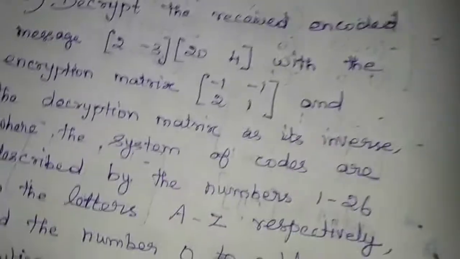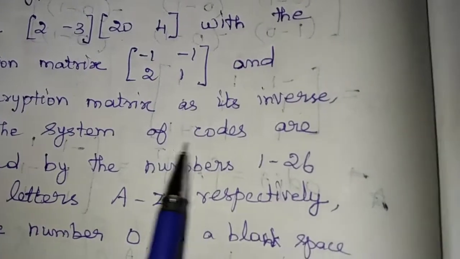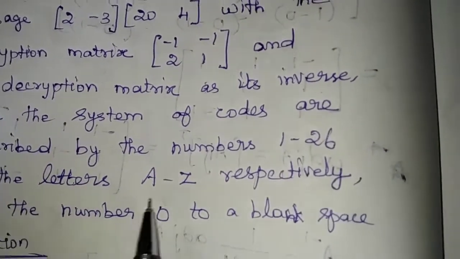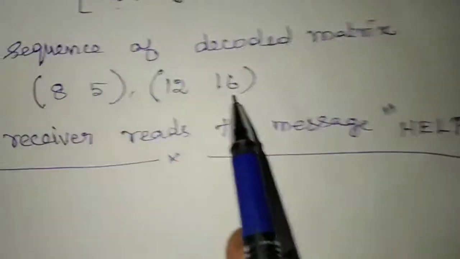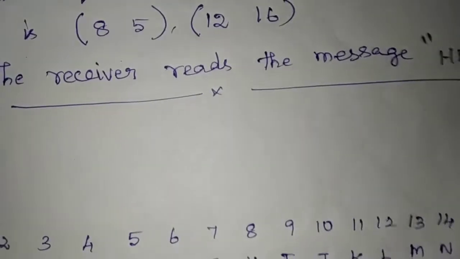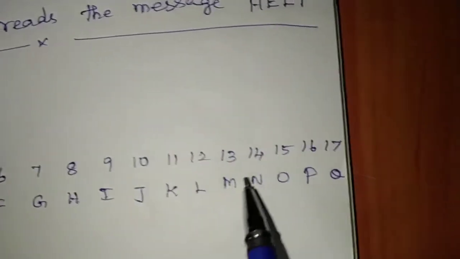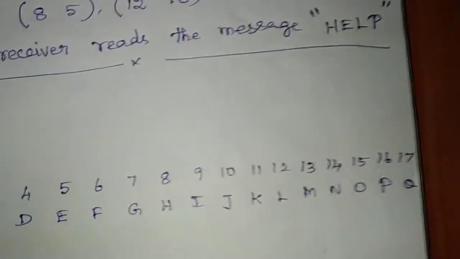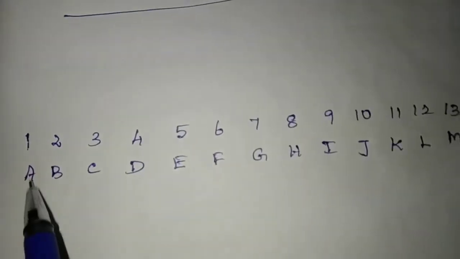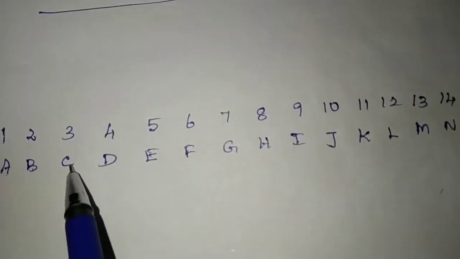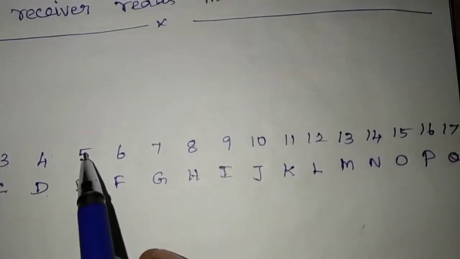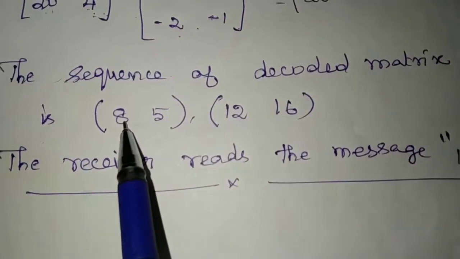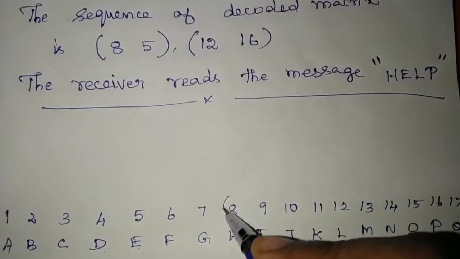Now, what is given? The system of codes is described by the numbers 1 to 26 for the letters A to Z. I will write: 1 equal to A, 2 equal to B, 3 equal to C, 4 equal to D, 5 equal to E, and so on. Now see the first number, 8.